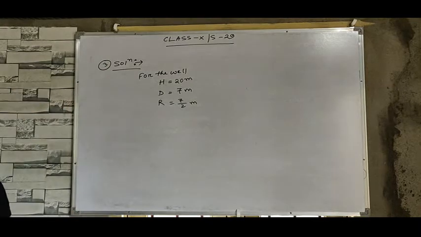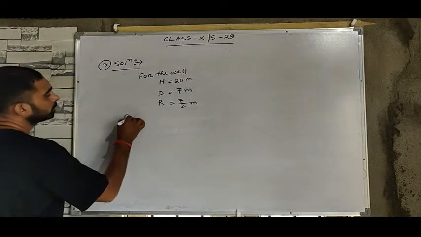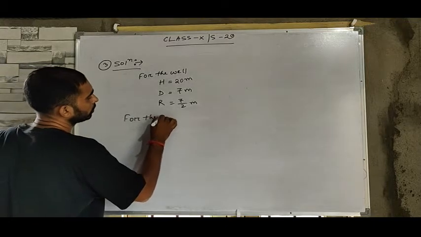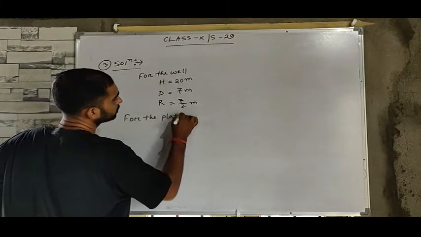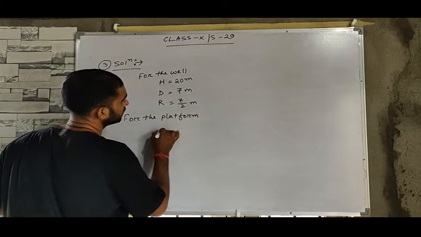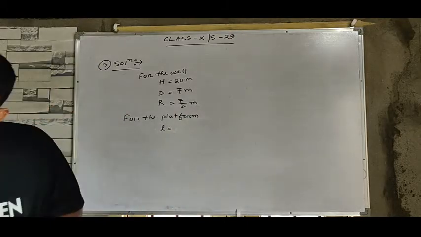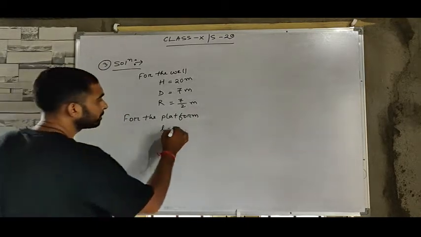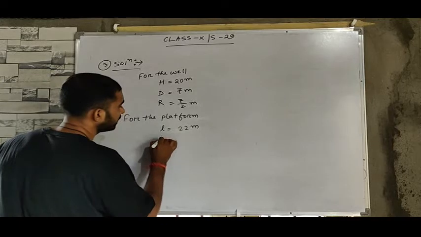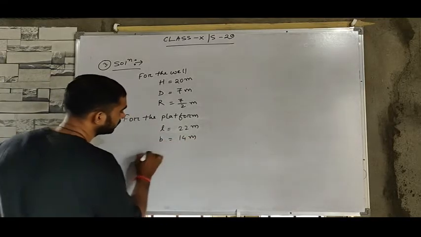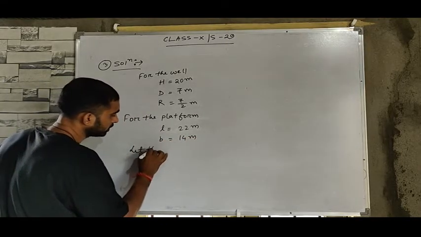Got it? Then for the platform, length equals 22 meter, breadth equals 14 meter. So let the height be h.